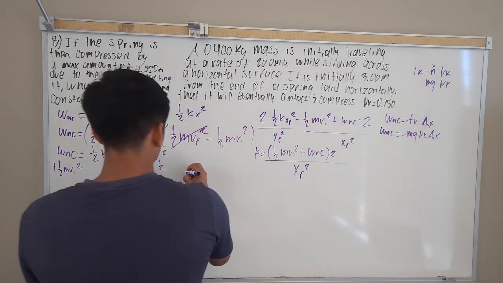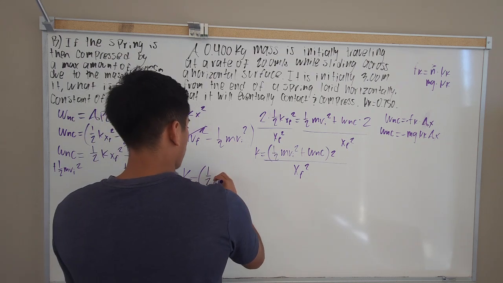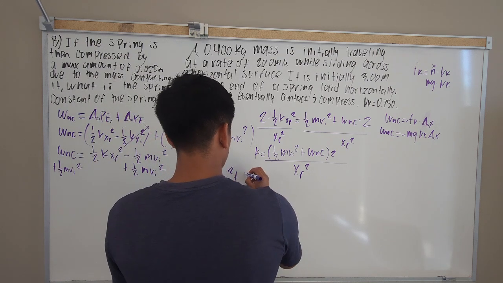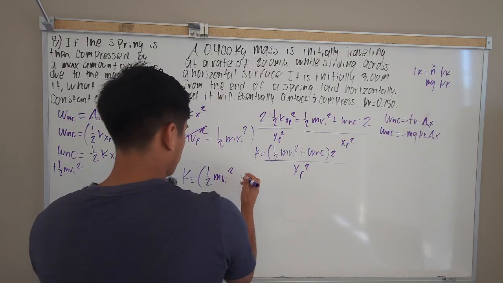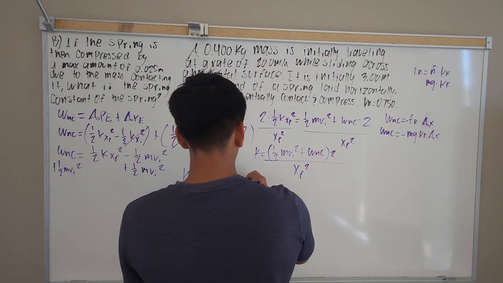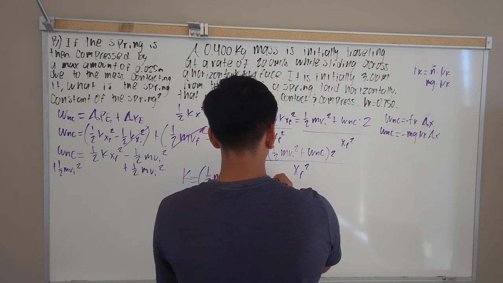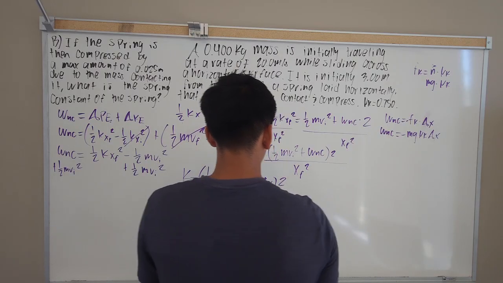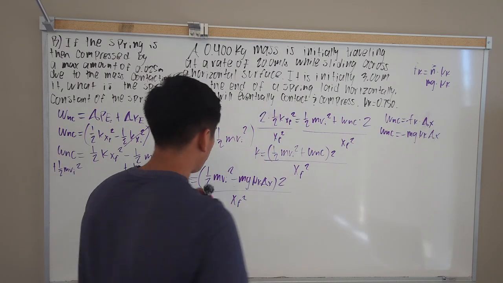So then finally we'll have k equals 1/2 mv initial squared plus what we got over here, so we would change that to a minus mg mu k delta x, all of that multiplied by 2, and then divided by x final squared.